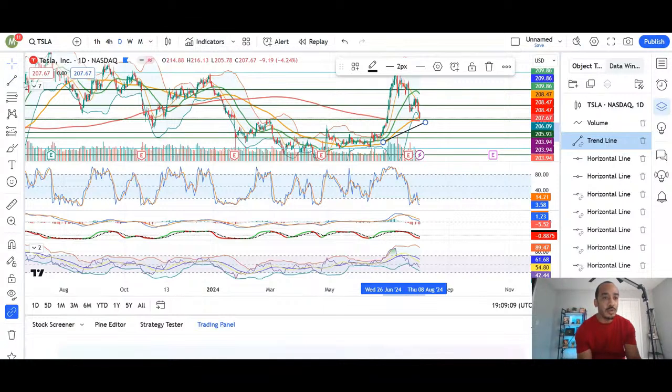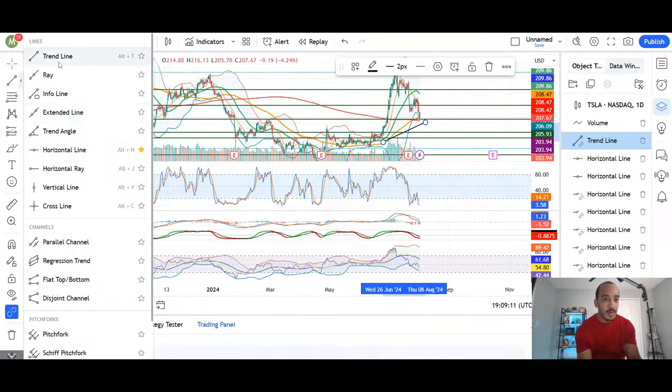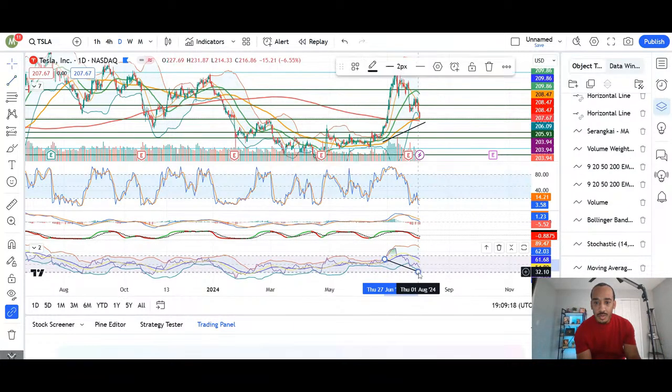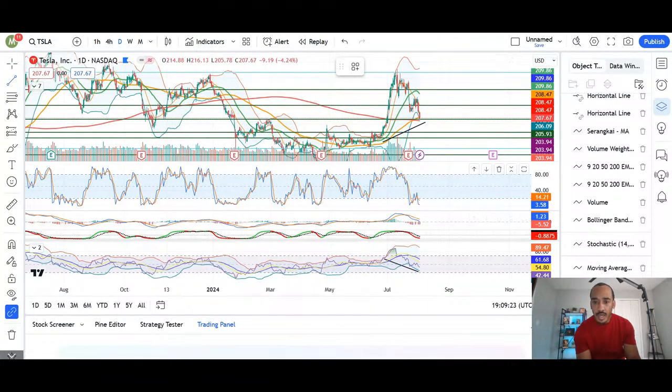A divergence is something you want to do on a higher time frame, right? So we got higher lows. On the RSI, we got lower lows. On the MACD, well, that's not the MACD, but all indicators are showing lower lows. MACD not necessarily showing lower lows yet, but we got a divergence on Tesla.